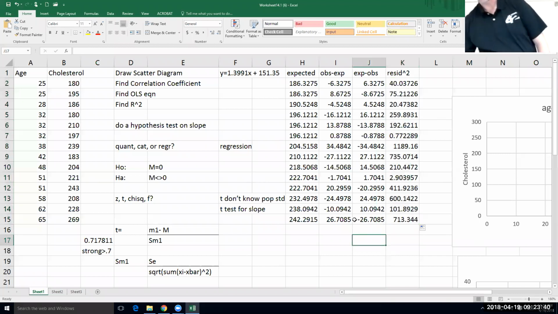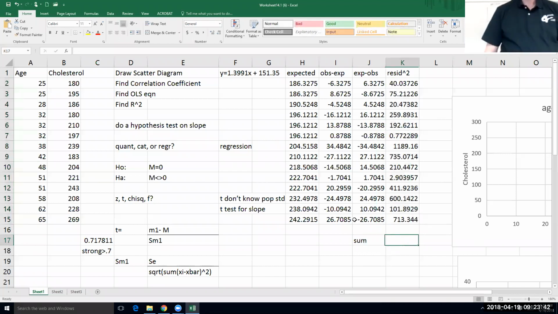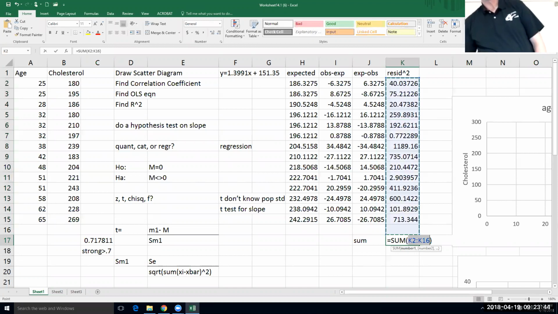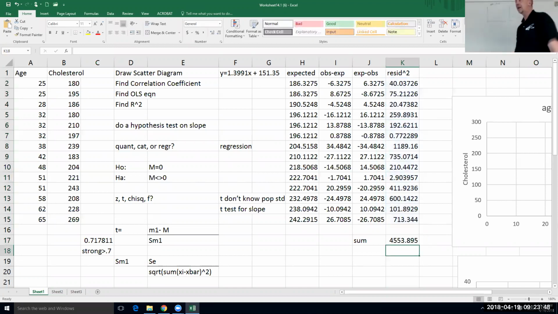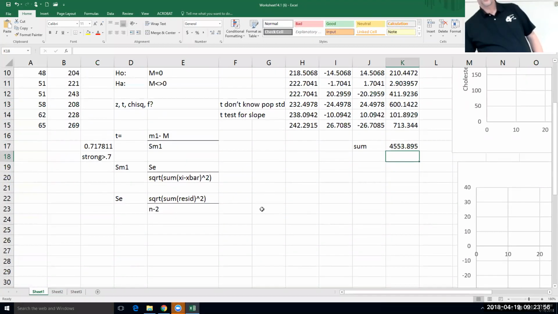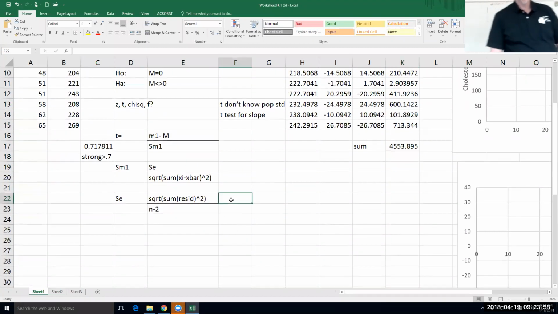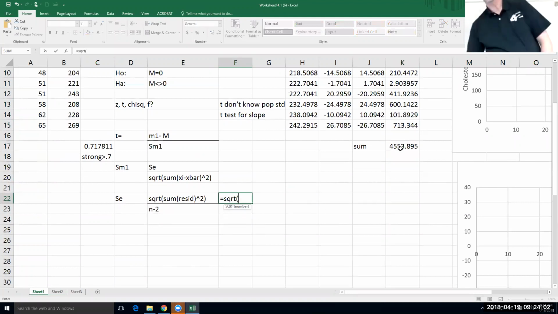Okay, I'm going to add them up. I get 4553. Now what do I do with that? Now I need to go back down here. So then we're going to do the square root of that number there.